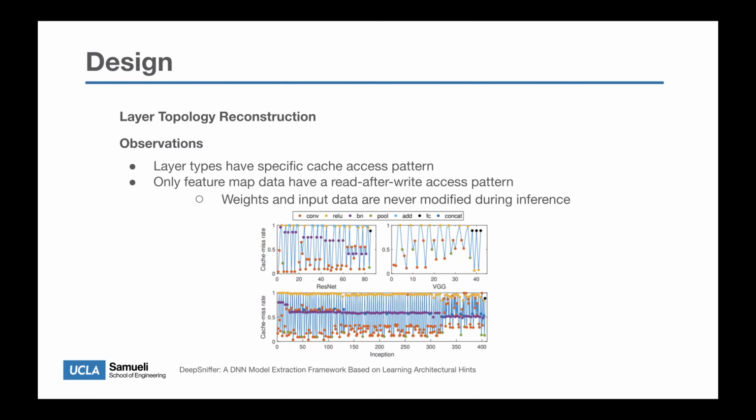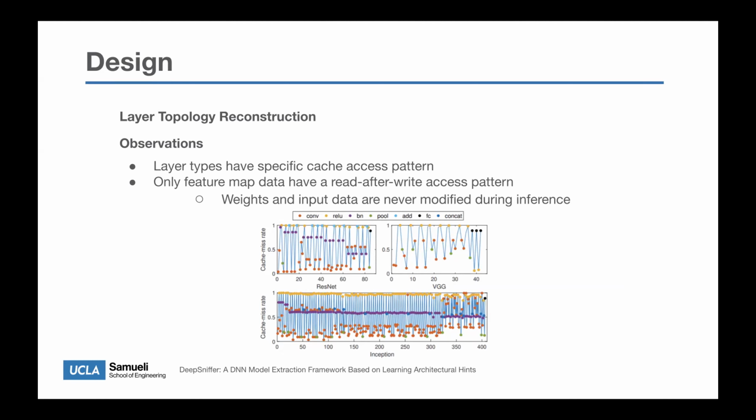After they've extracted the layers, they need to chain together the layer topology. To do that, they made some observations when performing these attacks. The first observation is that some layers have a specific cache access pattern, and only feature map data have read-after-write access patterns. Any other types only have read-only access patterns.